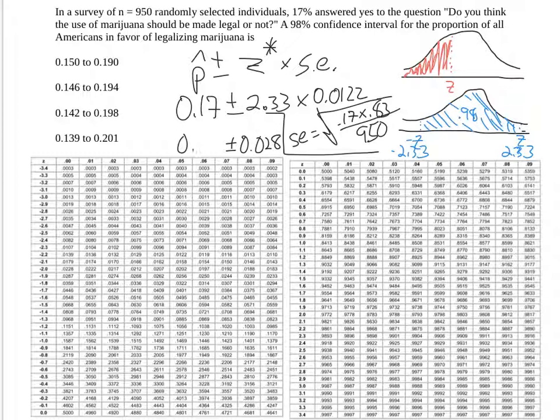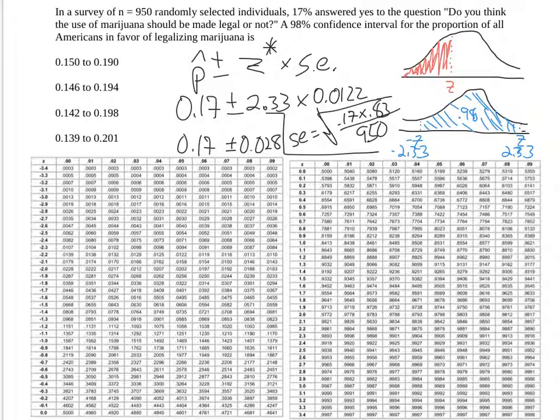And we're going to add and subtract this from 0.17. Okay. So what's 0.17 minus 0.0284? Go to your calculator and you'll find that it is 0.1415, which will round to 0.142.